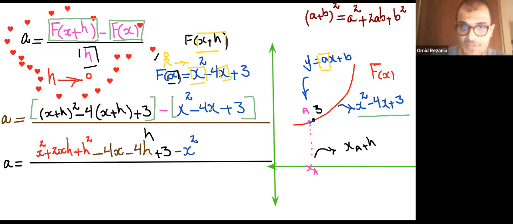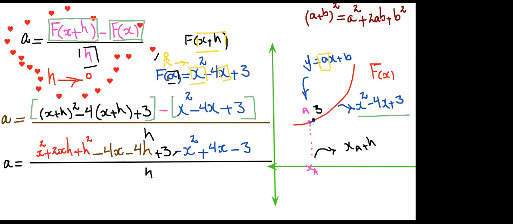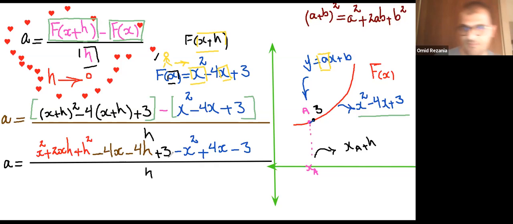And now minus 4x becomes plus 4x. And I have minus 3 becomes minus 3. And I do not forget, I still have one h at the denominator. Everyone is okay so far? No questions with the second step to simplify the expressions? No, I mean, it's fine.